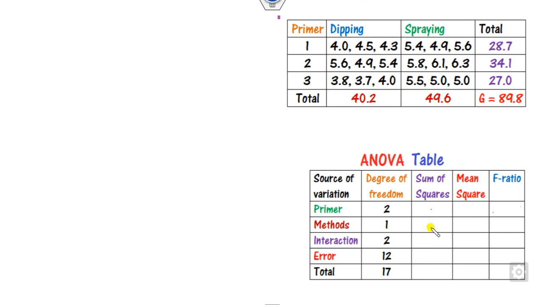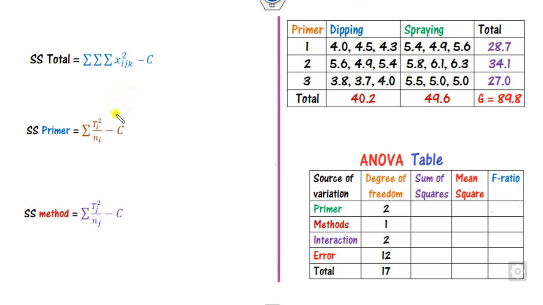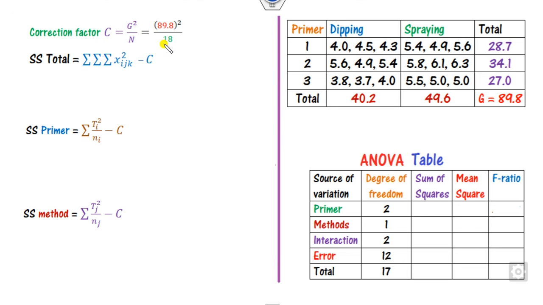Now how do you find the sum of squares of all these elements? What you can do is first find these all. This is a summation of this. What is C? C is the correction factor, as we discussed in the one-way and two-way.